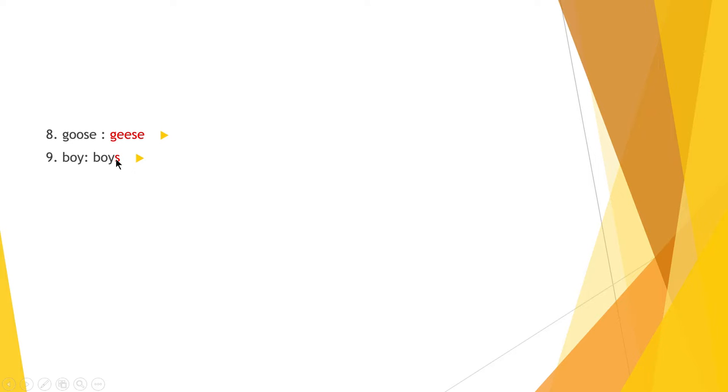Why did we not change y into i then add es؟ ليه ما حولنا الواي ل I بعدين ضفنا es؟ لأنه الواي preceded by a vowel، لأنه الواي بيسبقها حرف علة. So منخليها زي ما هي. We keep it as it is and we add s.